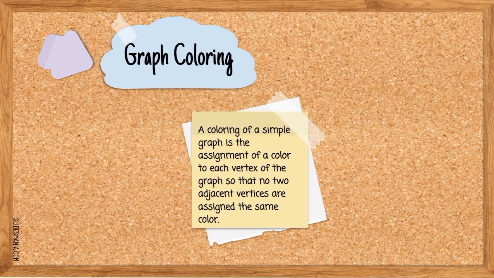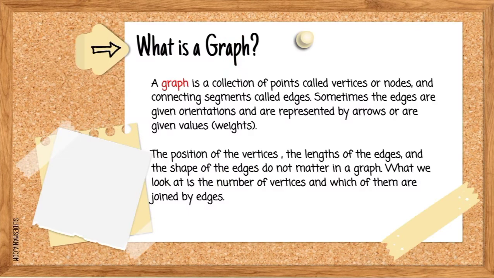What is graph coloring? Graph coloring, a coloring of a simple graph, is the assignment of a color to each vertex of the graph so that no two adjacent vertices are assigned the same color. What is a graph? A graph is a collection of points called vertices or nodes and connecting segments called edges.